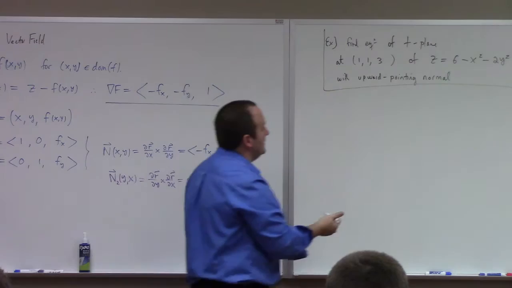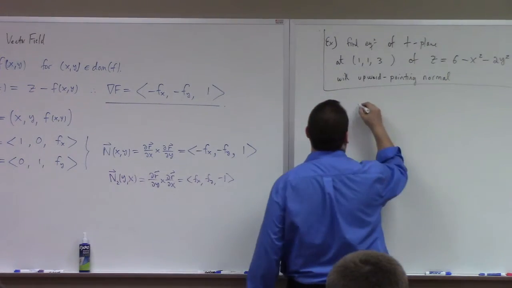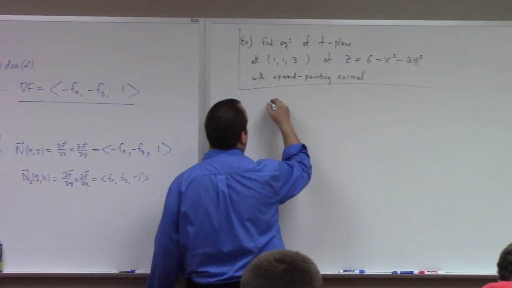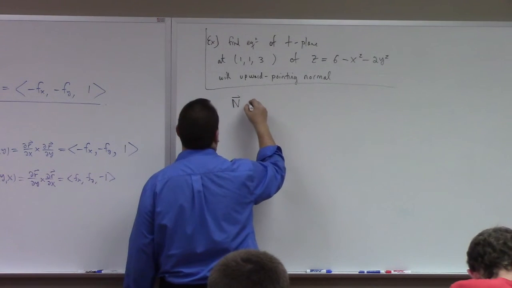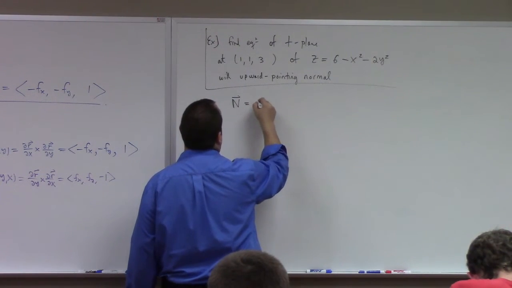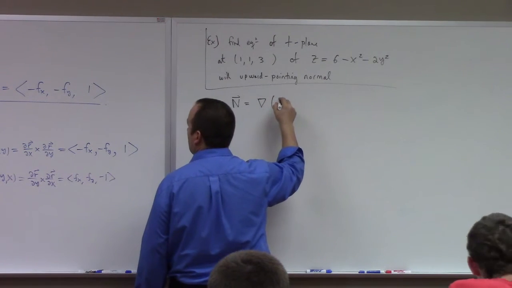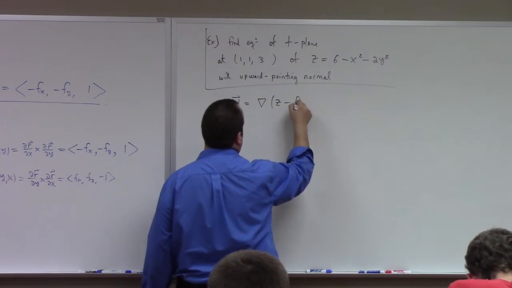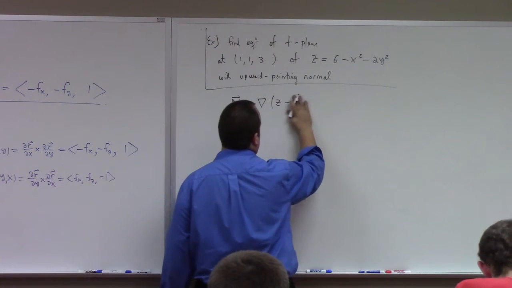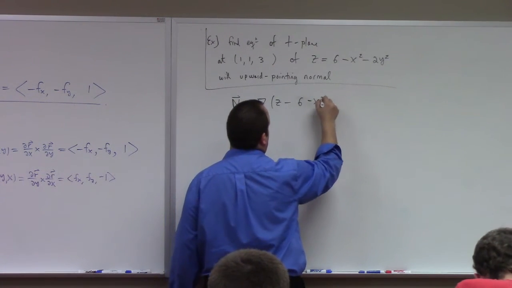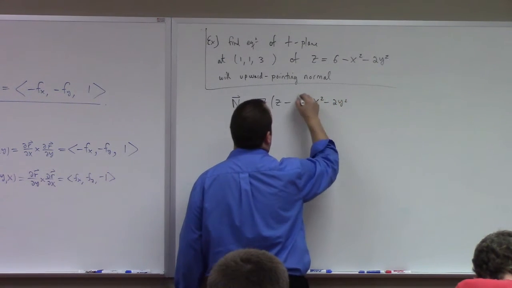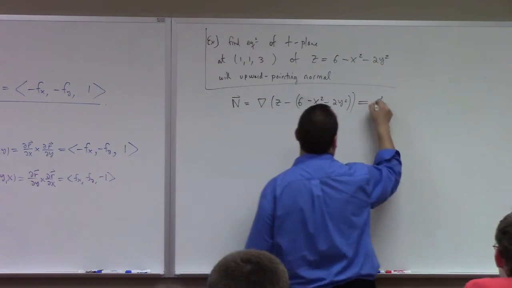So by the previous work, n equals the gradient of z minus f of x, y. In this case, z minus 6 minus x squared minus 2y squared, following the previous example.